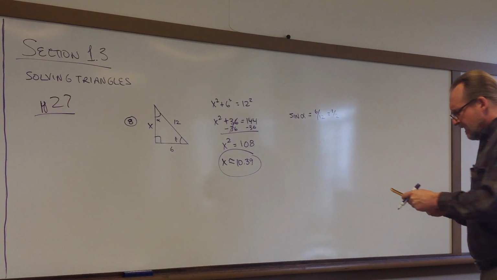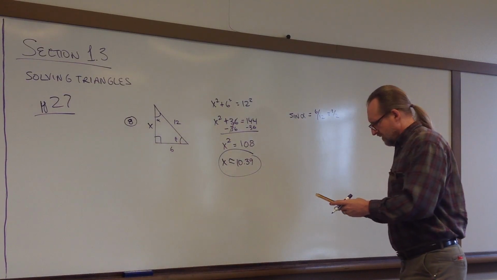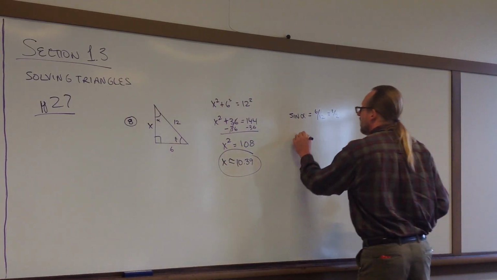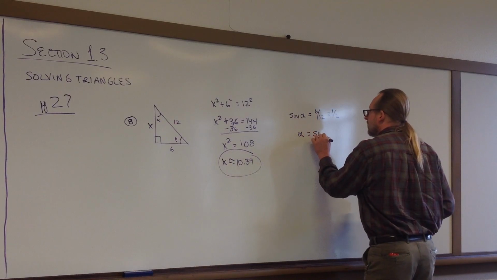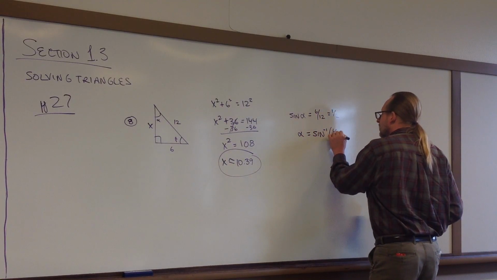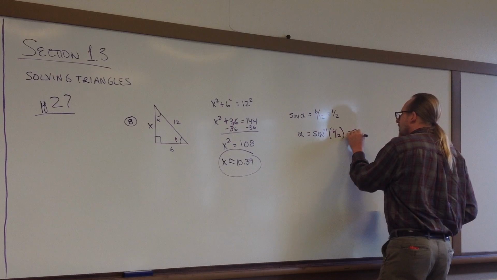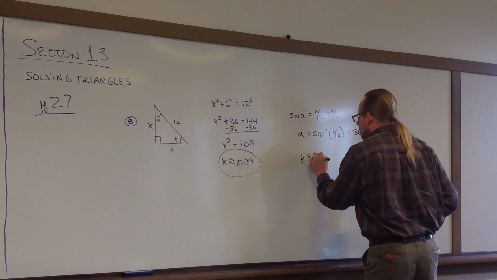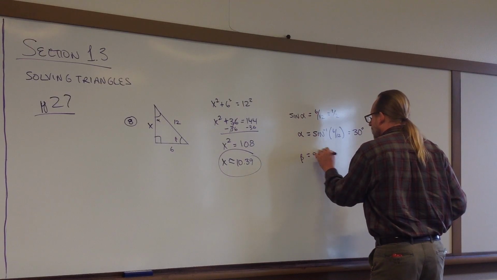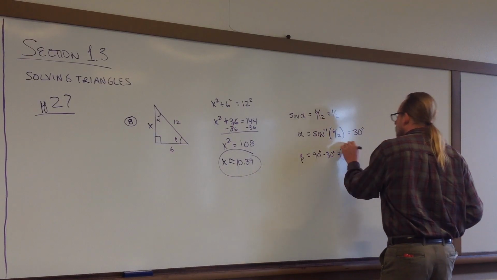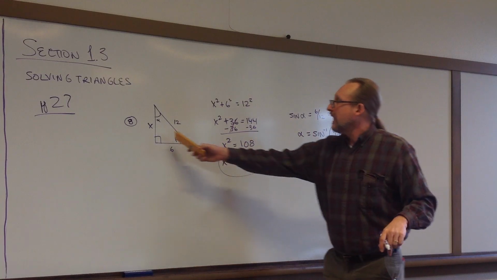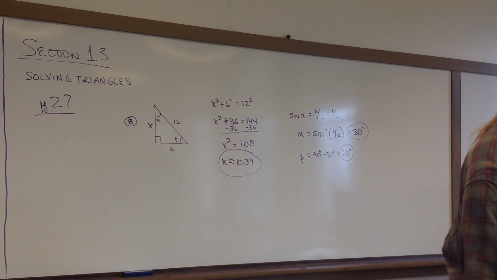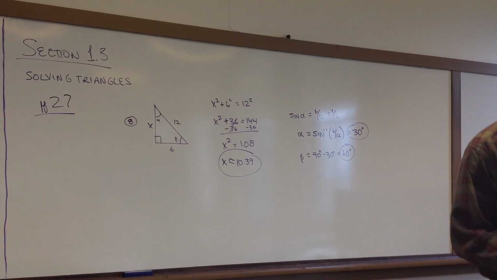So if we do the inverse sine of 1/2, or 0.5, yeah, we should get exactly 30 degrees. And that'll be 30 degrees, which means that beta is going to be 90 minus 30, which is 60 degrees. So there's our 3 angles and 1, 2, 3 sides. So we're all set with problem 8.